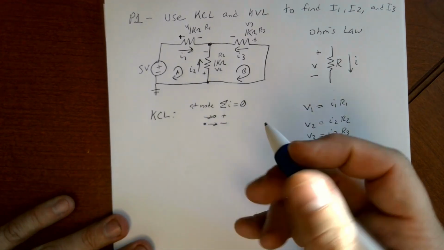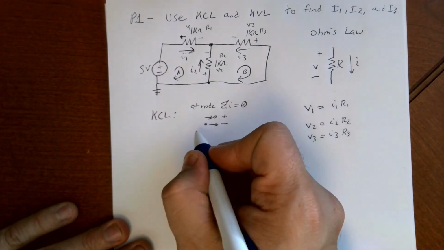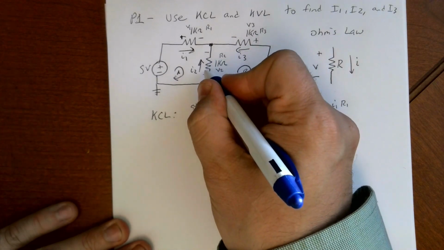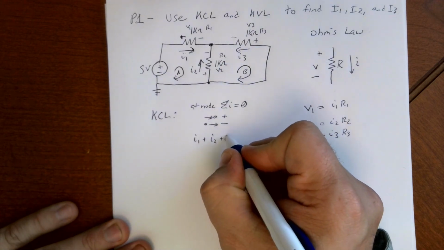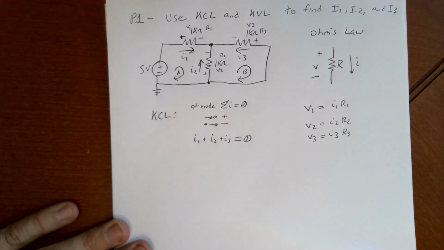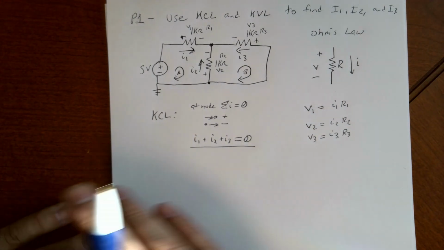Okay? So in that case, at this node we have I1 entering the node, plus I2 entering the node, plus I3 entering the node, and that all has to be equal to 0. Okay, so there's our KCL equation.